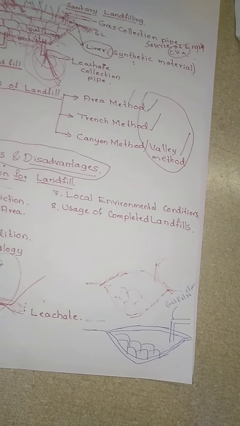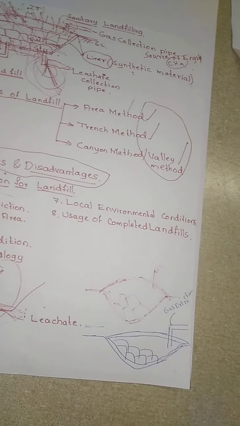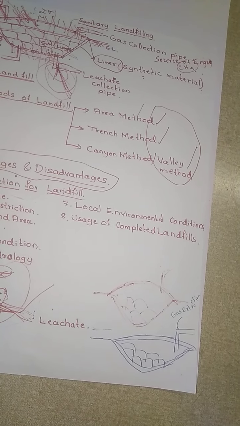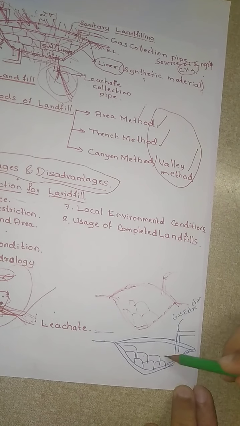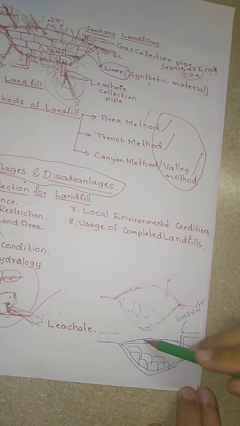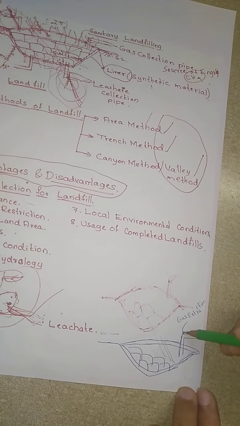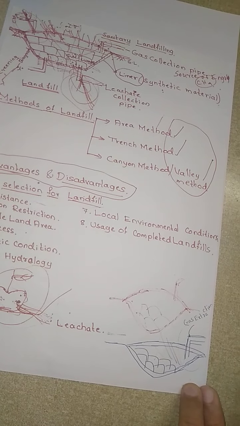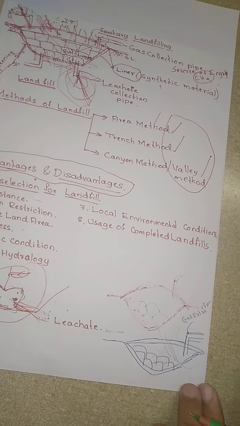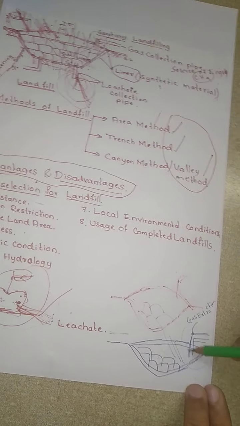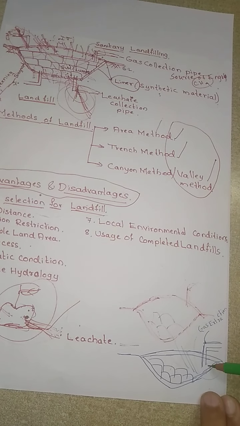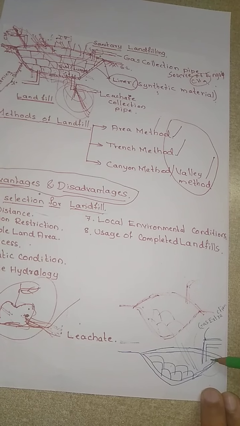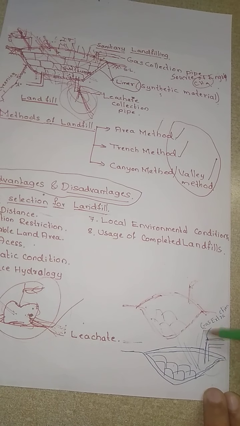Now we will see how we need to extract the gas from the landfill site. Whatever gases are generated, we are going to extract with the help of a pipe. We call it a gas extraction pipe. This gas extraction pipe will be around 4 to 6 inches in diameter, and we are going to have an 18 to 16 inch borehole for this.